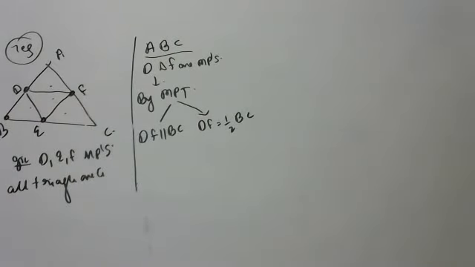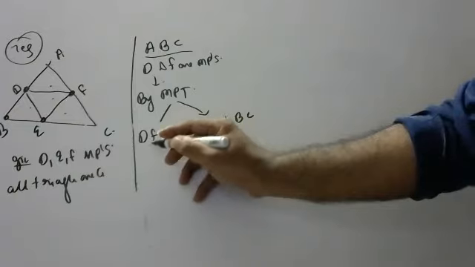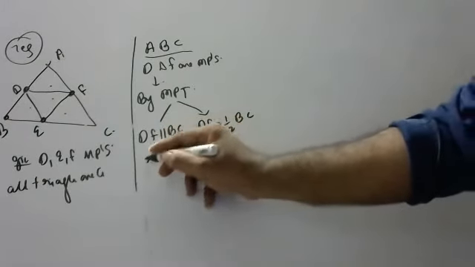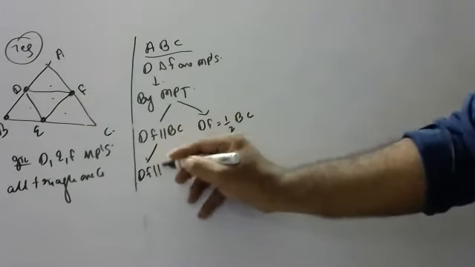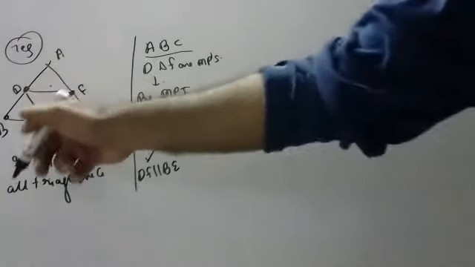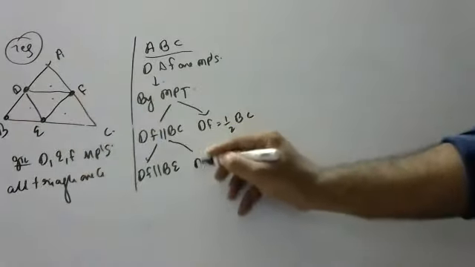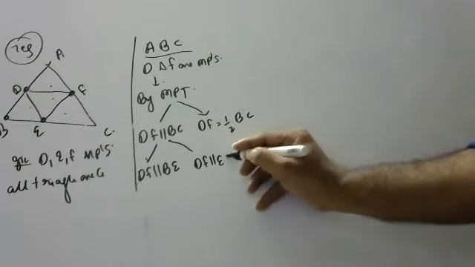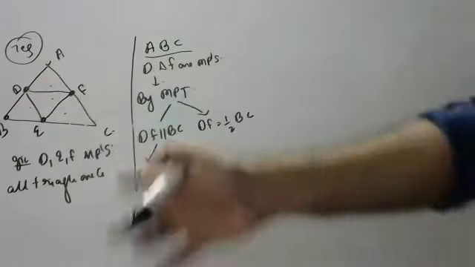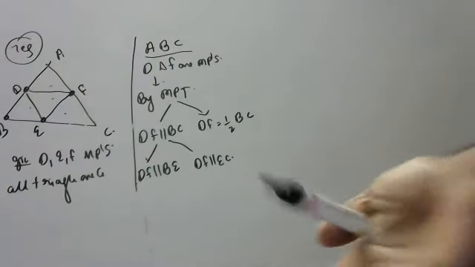Okay, now see here, children. DF is parallel to BC means I can say 2 things: DF is parallel to BE, or DF is parallel to EC, because the entire line is parallel.